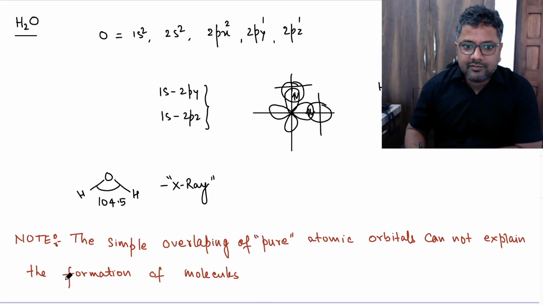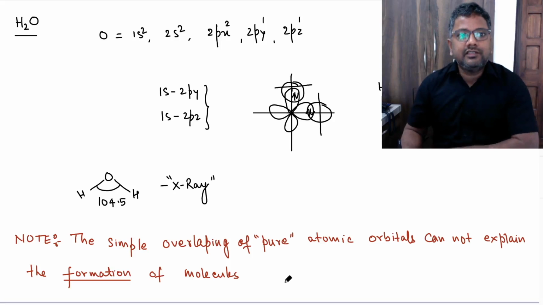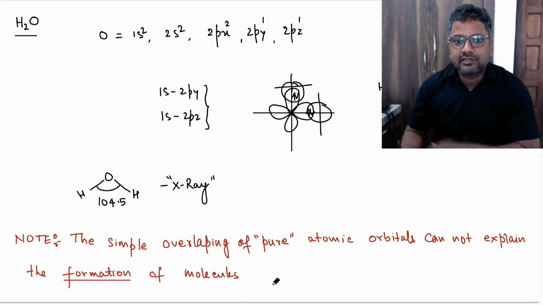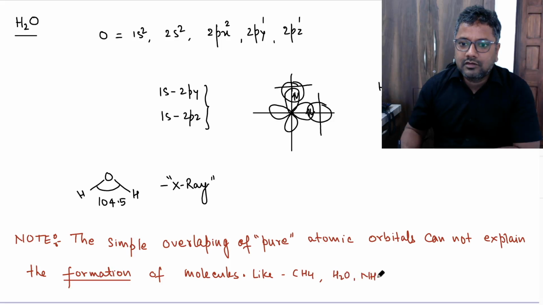Cannot explain the formation. Properties are the secondary issue, right? Properties will come next, but even formation is not explained by this model. Formation of molecules like CH4, H2O, ammonia, and you can apprehend so many, etc.